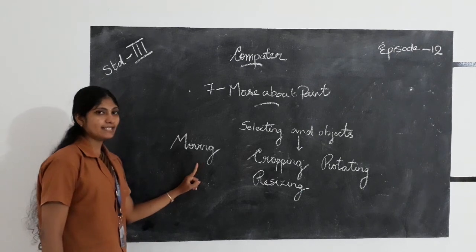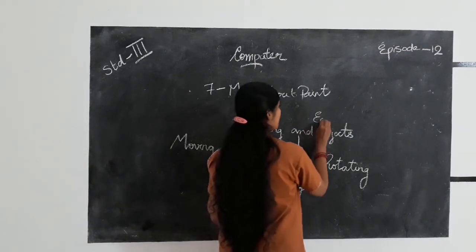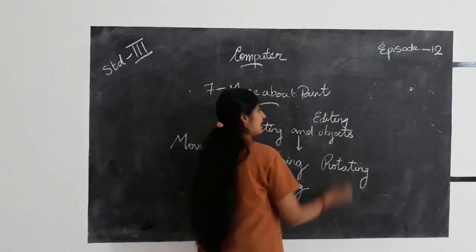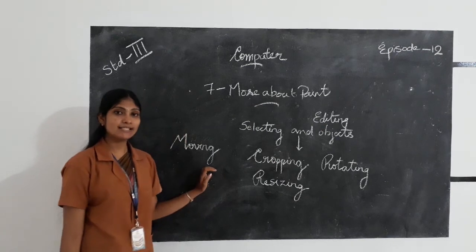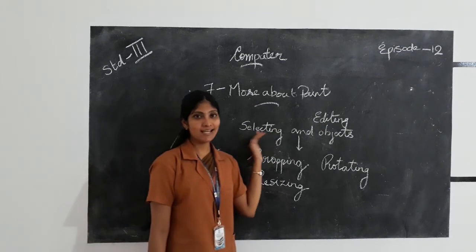So selecting and editing objects means if you want to make a change, first of all you have to select the part of the picture. That is the process under selection.